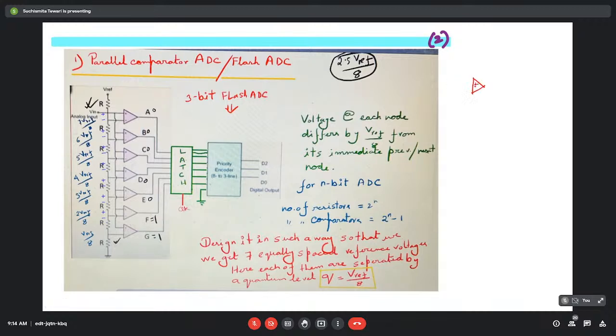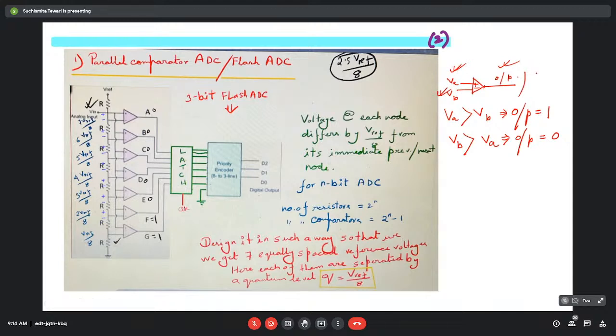So you can see over here, this is an op-amp. Suppose this is VA, suppose this is VB, and this one is the output. When VA is greater than VB, the output will produce a 1. And when VB is greater than VA, the output will produce a 0. So basically it is comparing two analog voltages, but at the output it is either giving 1 or giving 0.